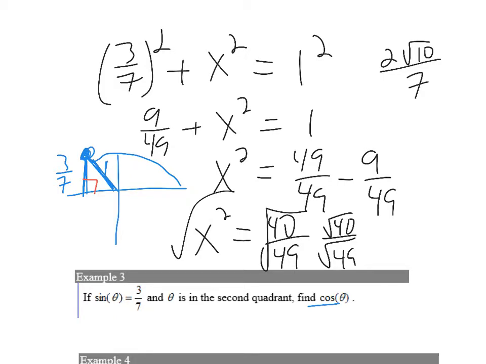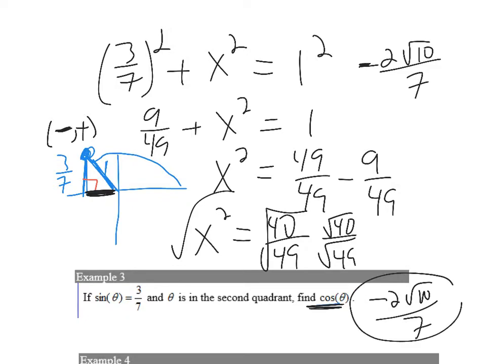And when I take a square root, I could have a positive answer and a negative answer. Because this is in quadrant 2, and we know in quadrant 2 all those x coordinates are negative, I'm going to want the negative of that. So the cosine of theta, in this case, will be -2 square roots of 10 over 7. So that's one way to do it on the unit circle.